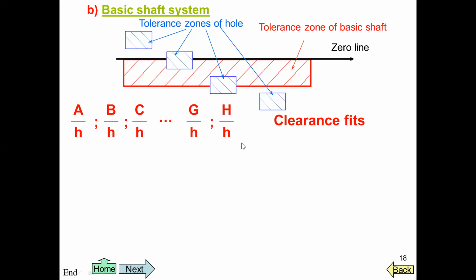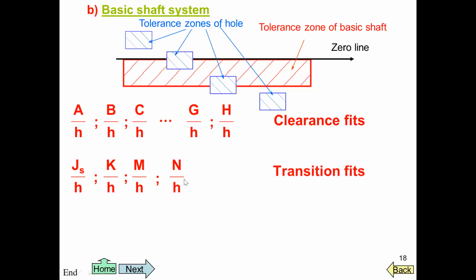If you want to create a transition fit, you have to choose the fundamental deviation of the hole JS, K, M, N. There are four transition fits in the basic shaft system.